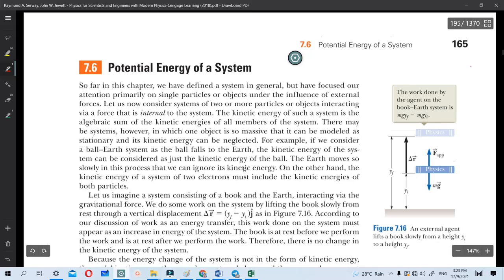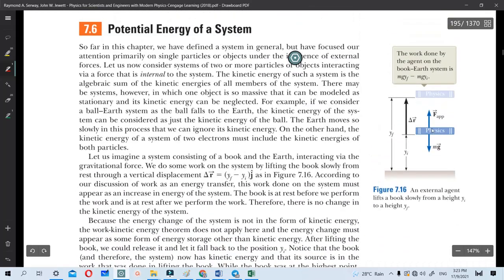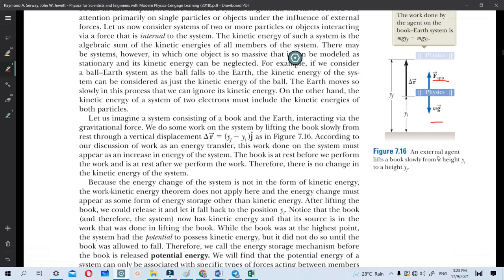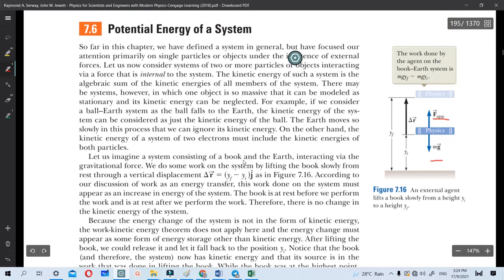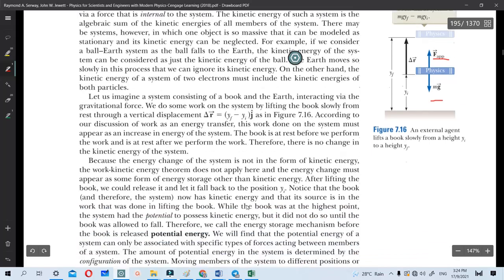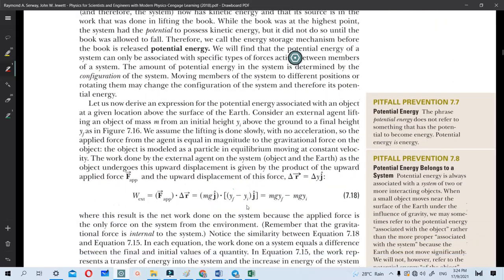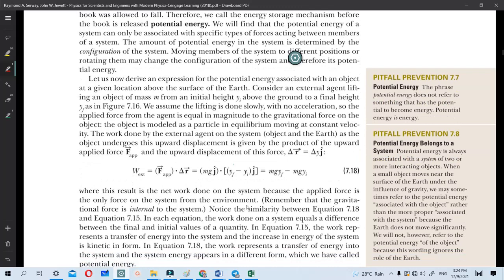So in that sense, we will find that the force applied here is equivalent in value to the weight. So we might be tempted to put that delta R would be Y final minus Y initial. However, why did I start with a different textbook just now? Because the discussion here appeared to be using work external.